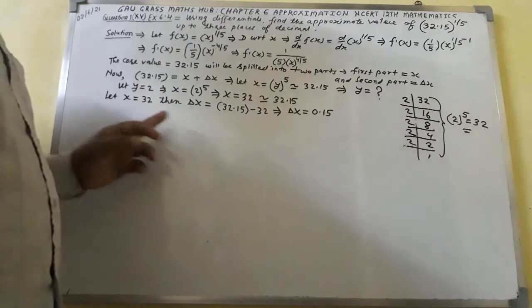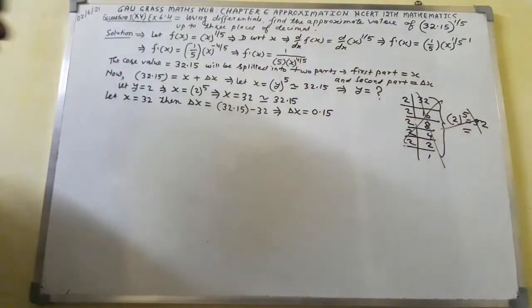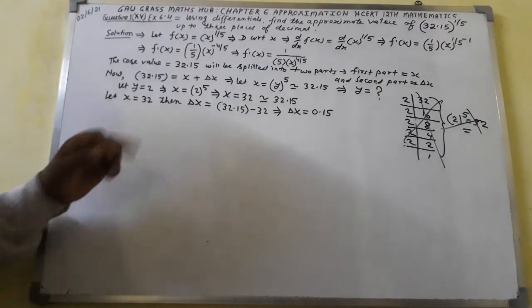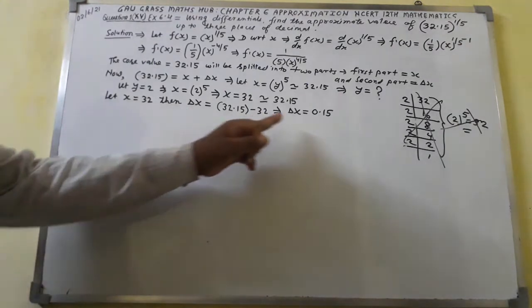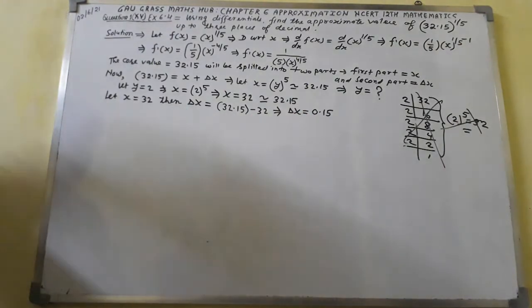X equal to 32 and delta x equal to 0.15. This is the rough work, you can cancel out here. Now what to do here? The value of x is 32, delta x you have got 0.15.